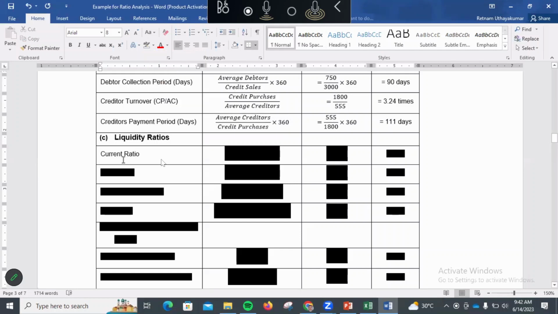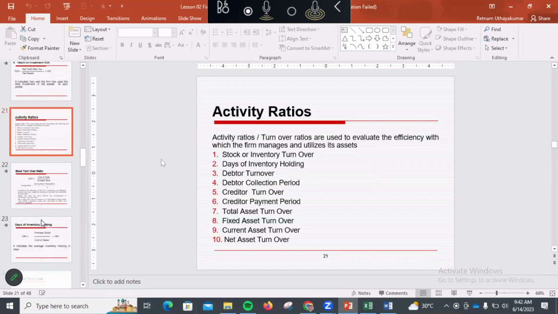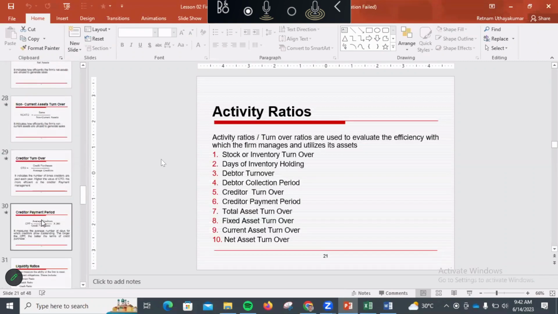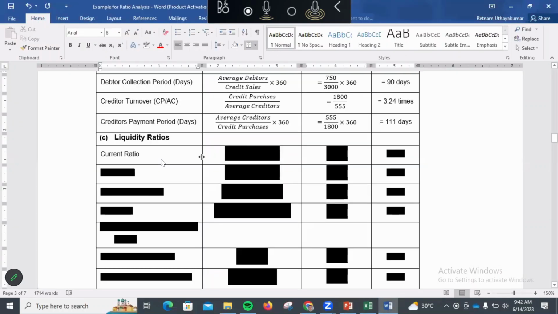The current ratio is current assets over current liabilities. So you write the formula, current assets over current liabilities, in a ratio format.